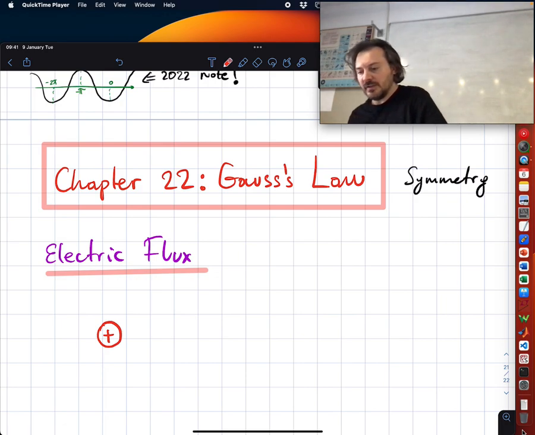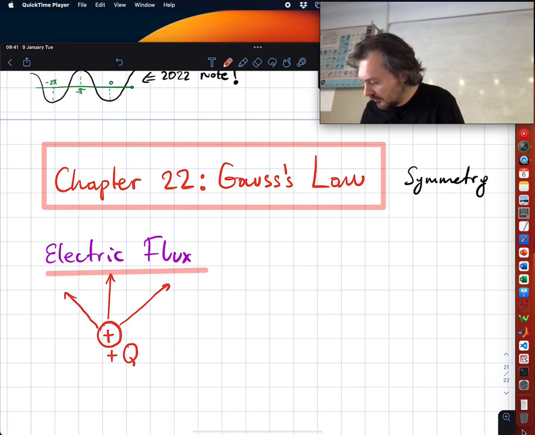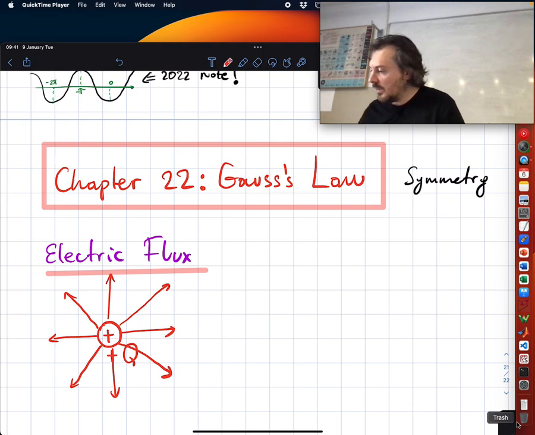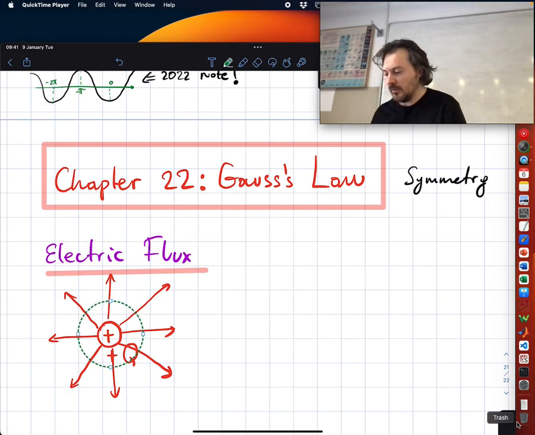So, imagine this charge, plus Q, and it has some field lines running out. How many lines are crossed if we look at this surface? All of them. So 8, right?